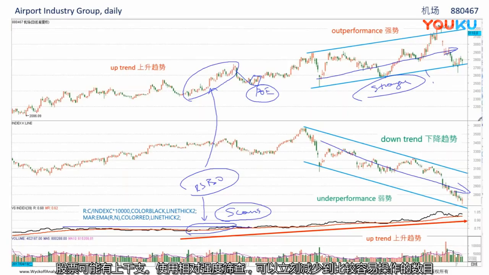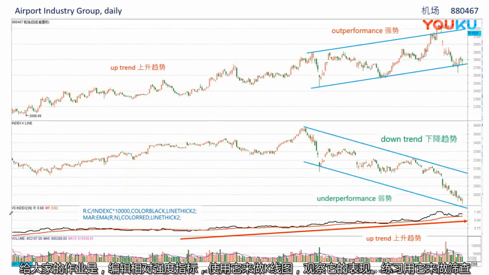So a homework for all of you who want to use the relative strength line is just to go and create it in your software, or to find the way where you could insert it into your charts, and where maybe you could create a scan if you can do that, and just go through the charts and look how the relative strength line behaves.